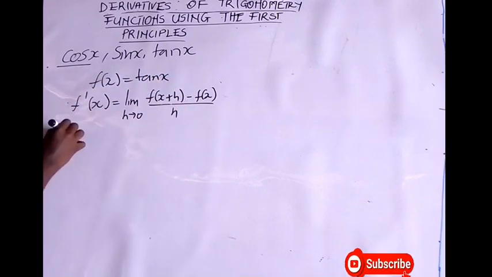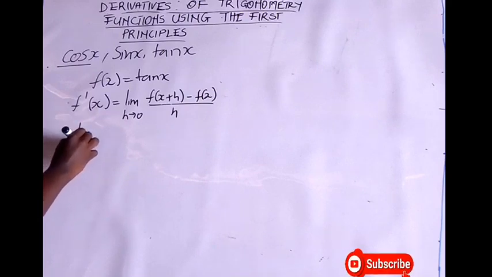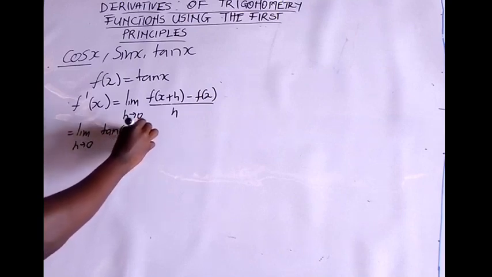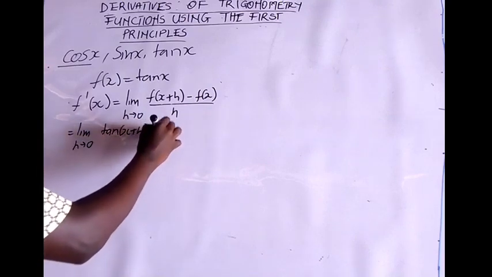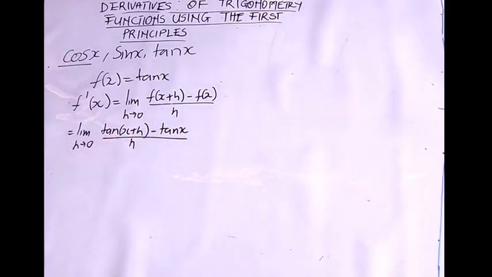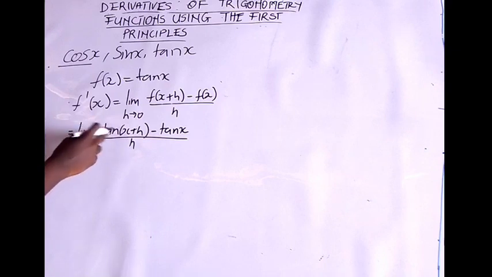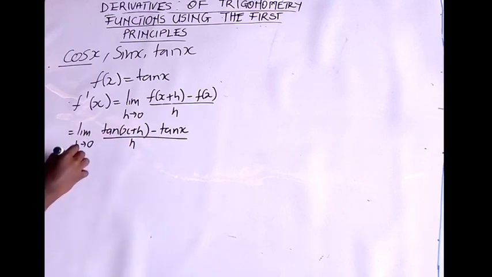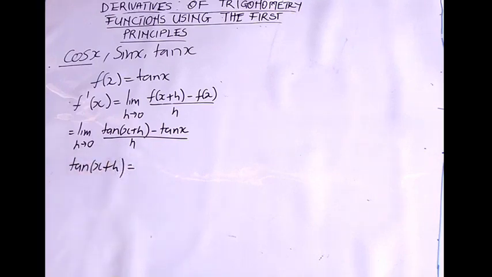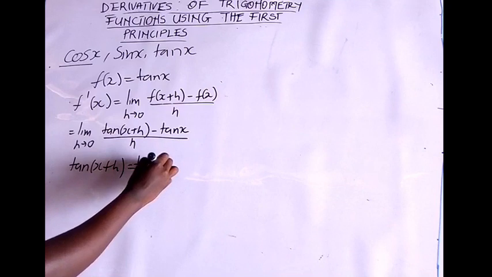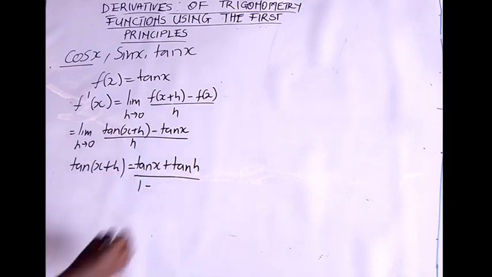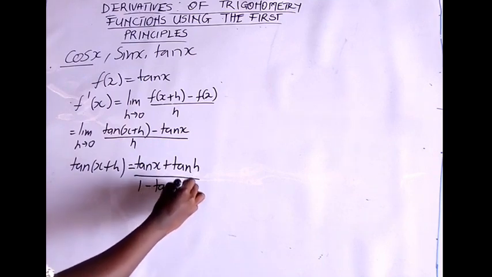So we get the limit as h approaches 0 of tan of (s plus h) minus tan x, all over h. And then we have an identity for tan, which says tan of (x plus h) is equal to (tan x plus tan h) all over (1 minus tan x tan h).